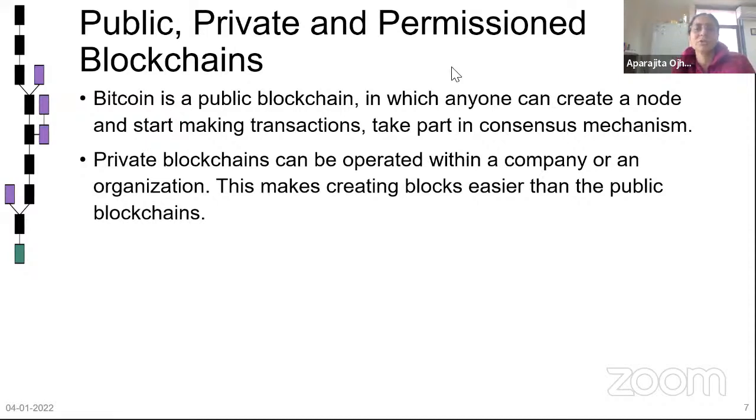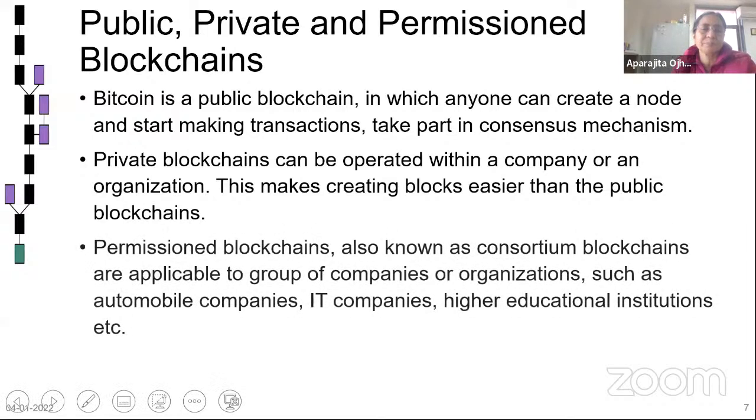So definitely it is a cryptocurrency, but we use Bitcoin also to refer to the blockchain. The Bitcoin blockchain is a public blockchain, right? I hope I have made my point clear.